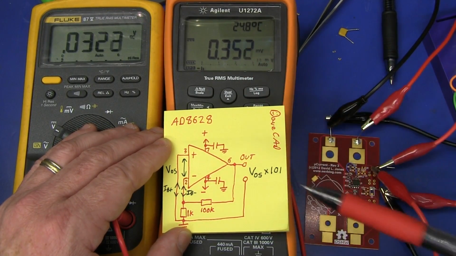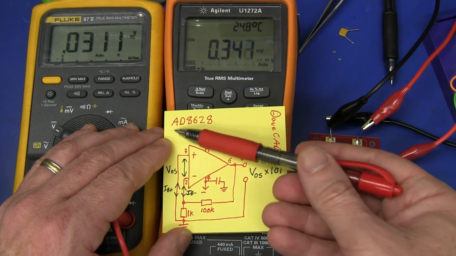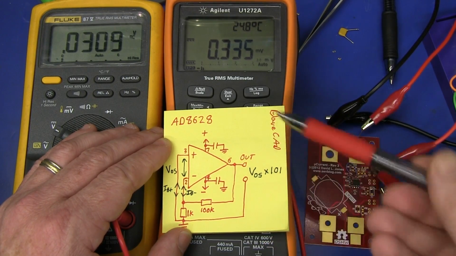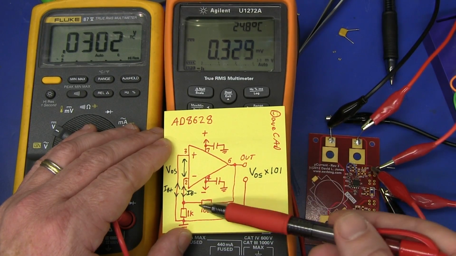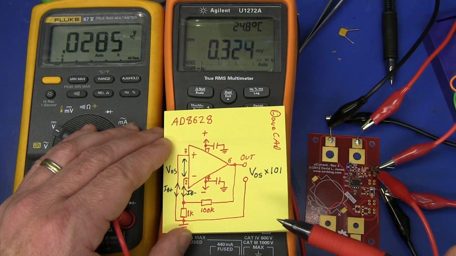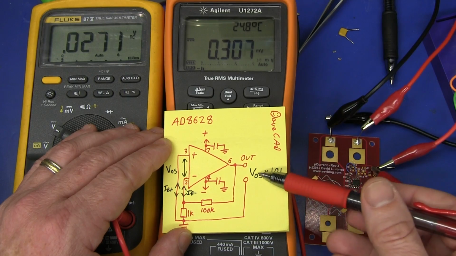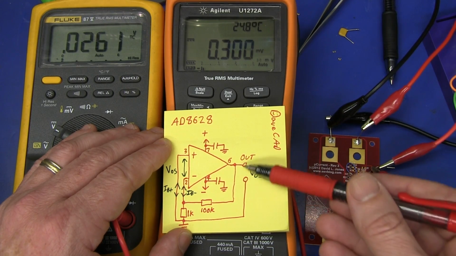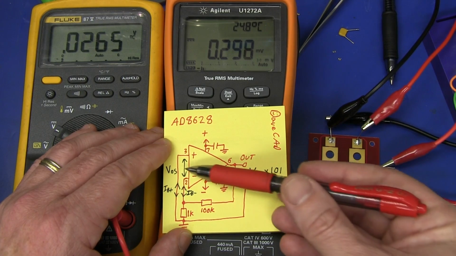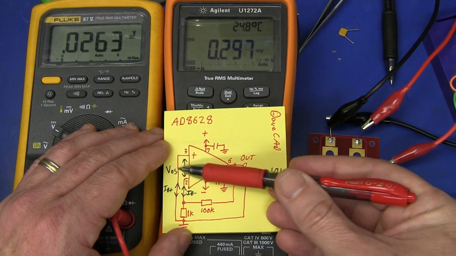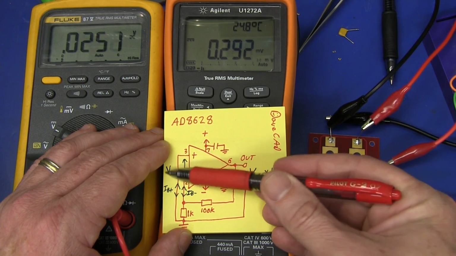Otherwise, it may be a little bit confusing for you. But basically, we had an Analog Devices AD8628 op amp with times 100 gain in the non-inverting configuration, and we were getting an output voltage which was higher than just the expected offset voltage here.